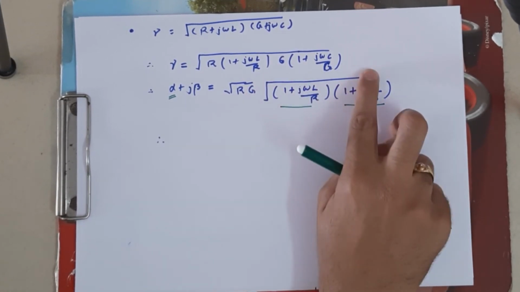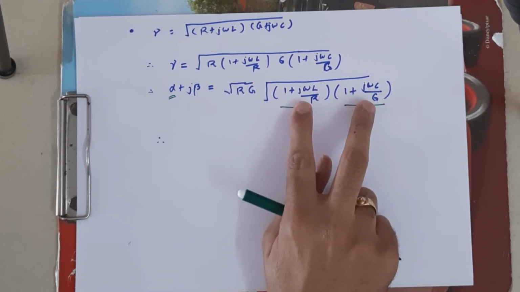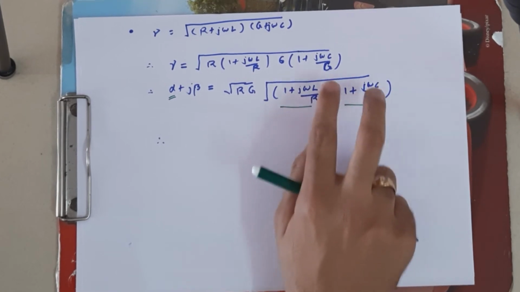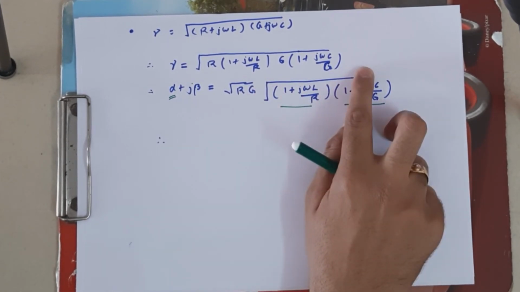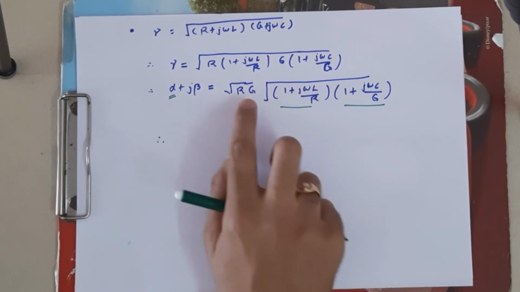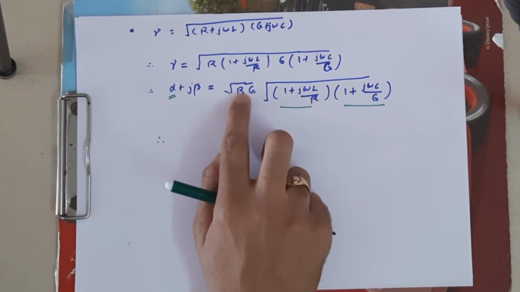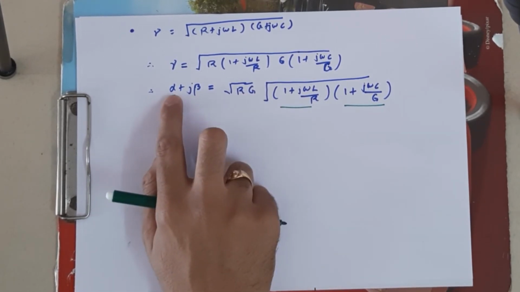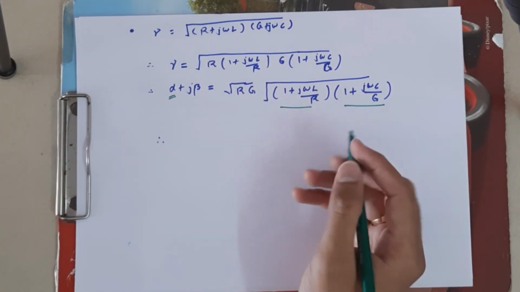How can I remove the square root? Listen carefully: if these two terms are the same, then you can remove this square root. So this 1 plus imaginary term, you can multiply with the square root of RG. Only one square root of RG is a real term, so you can say that alpha is equal to the square root of RG, which is independent of the frequency. It's very easy.